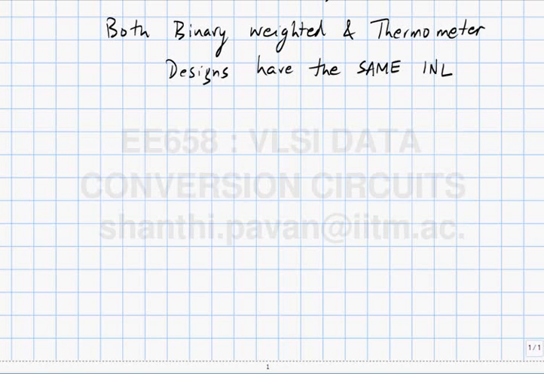So it's reasonable to assume that there is most likely a sweet spot somewhere in the middle, where the analog area is not as much as it would be for a pure binary weighted design, and the digital decoding logic would not be so large as you would need for a full thermometer design.